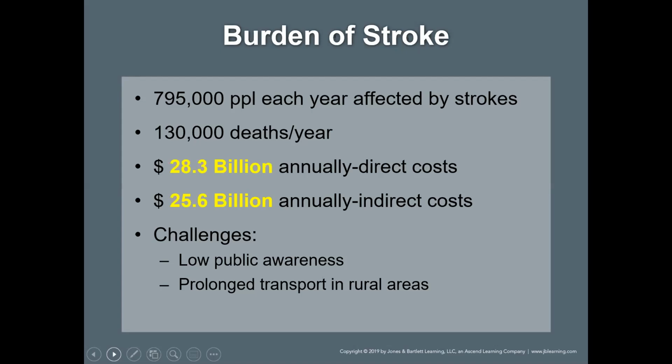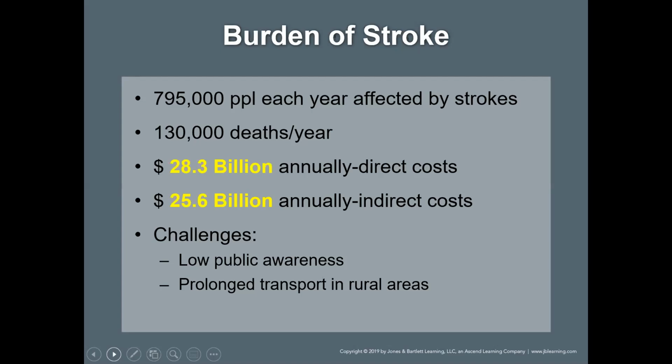And what are the challenges of folks having strokes? Number one is time is brain. Just like in a myocardial infarction, time is cardiac muscle. In a brain attack or a stroke, time is neurons in our brains. So when somebody is having a problem and nobody recognizes it, or they're alone, there's low public awareness.